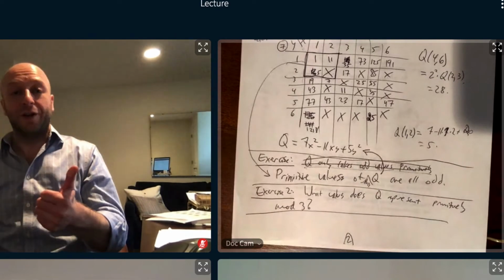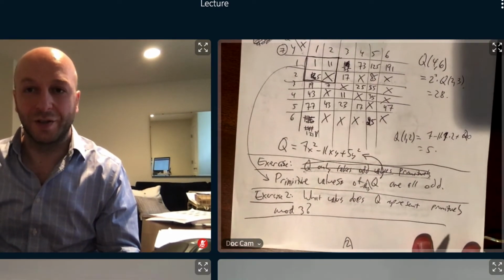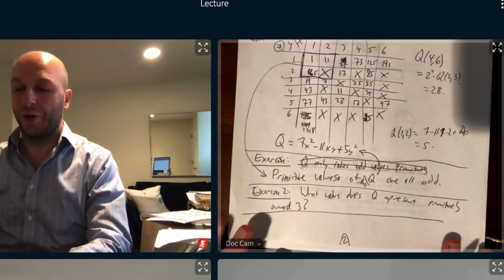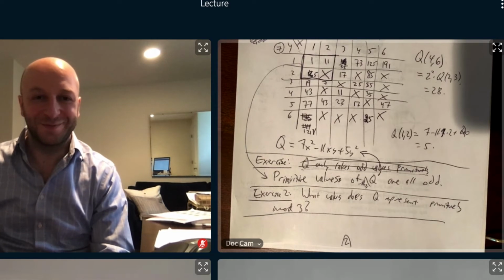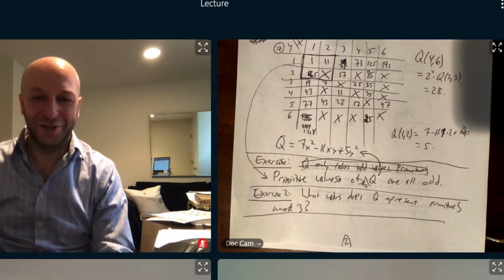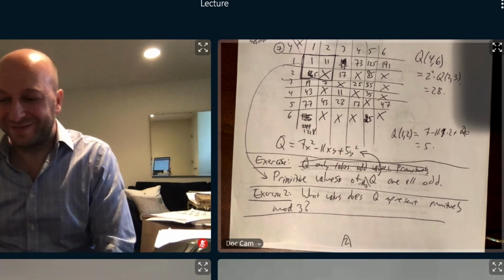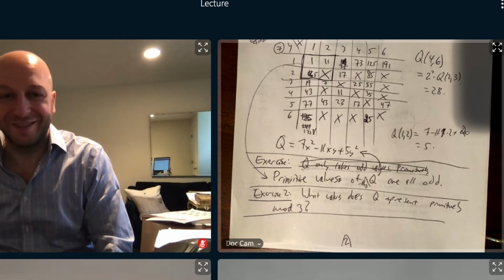Does it represent 0? Does it represent 1? Does it represent 2? Those are the 3 values mod 3 that Q could represent. So what would you do? It should involve 0 computation. Well, a little bit of computation. Very little, though.